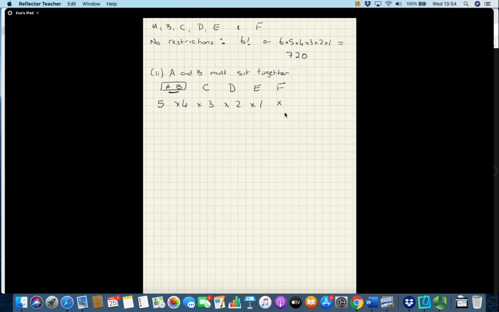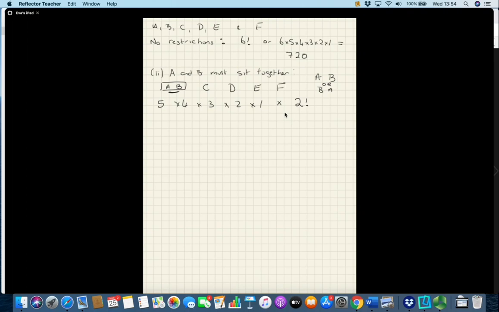Okay, why? Because it says A and B must sit together, but I have AB or I have BA. Either of those combinations gives you A and B still together, but it does increase the number of permutations you can have with the 6 letters and still have A and B sitting together.